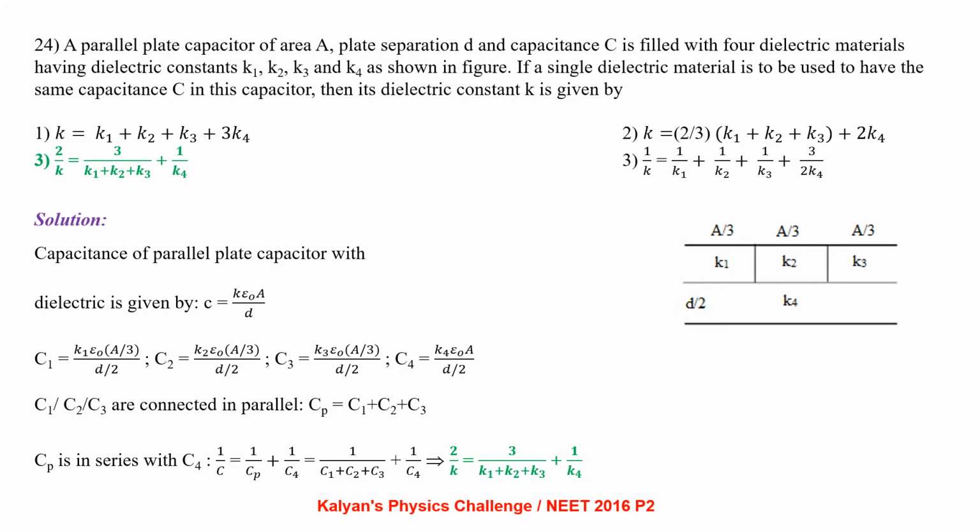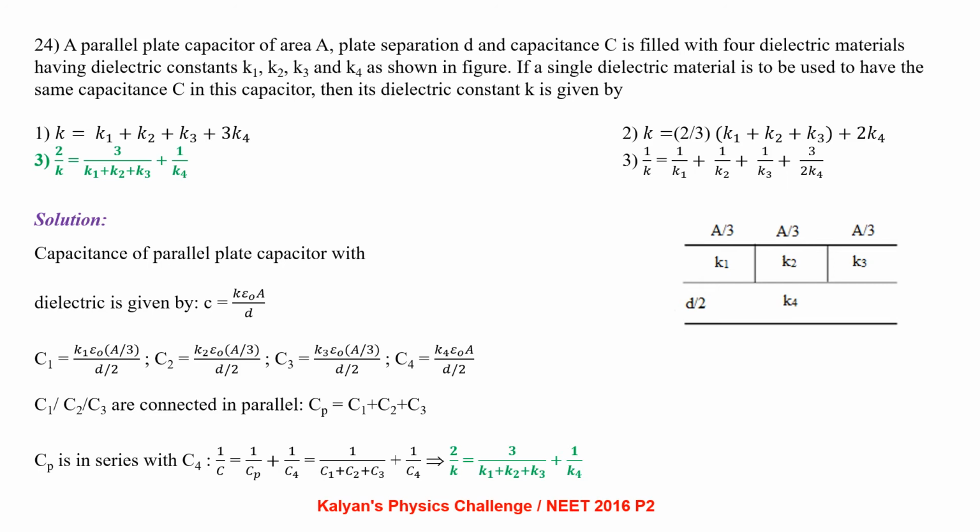As the arrangement shown in the figure, we can see K1, K2, K3 are connected in parallel. So we can write the capacitance formulas for the respective capacitors. C1 = K1ε₀A / (3D/2). On similar lines, we can write the formula for C2, C3 and C4.